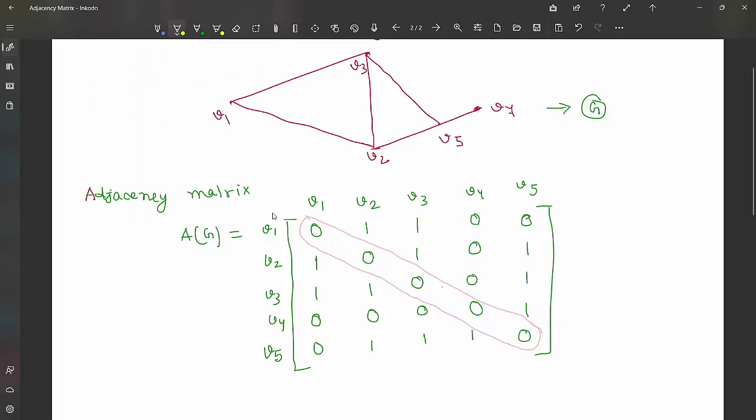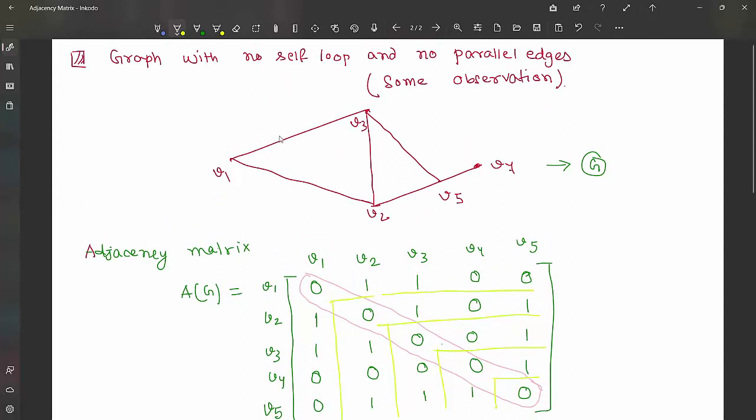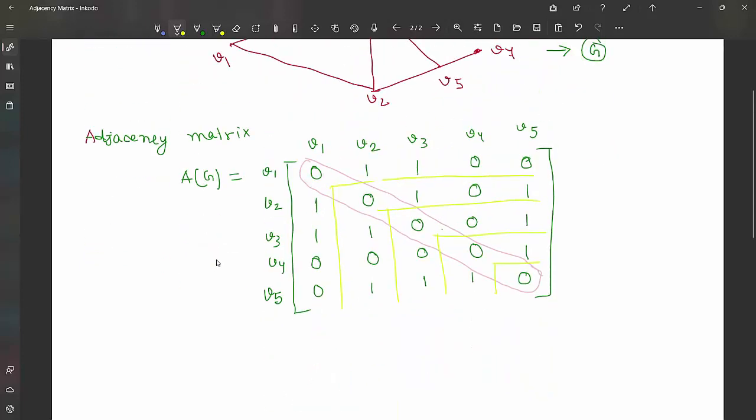So this is 0 1 1 0 0 and this is 0 1 0 0. If you track the pattern, you can see that this is a symmetric matrix. So for the undirected graph of this type with no self loop and no parallel edges, your adjacency matrix is a symmetric matrix.